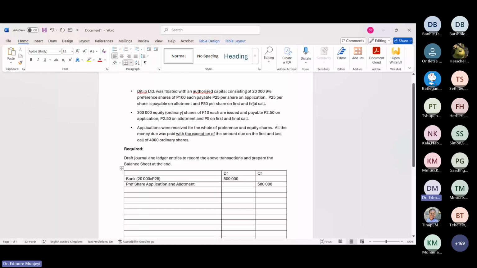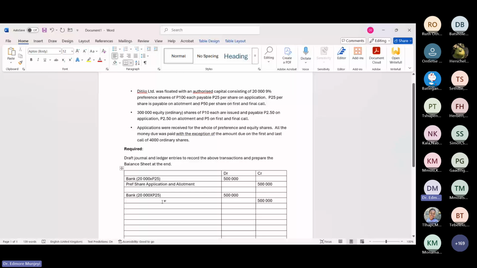So I'm going to repeat the same. Bank here, 20,000 shares times 25 pula. Again, I'll be getting my 500,000 here, 500,000 here. And what's this? This is now preference share application and allotment. That's where it is going.